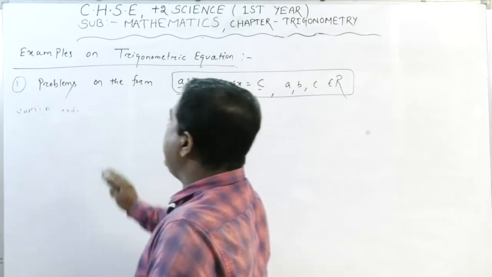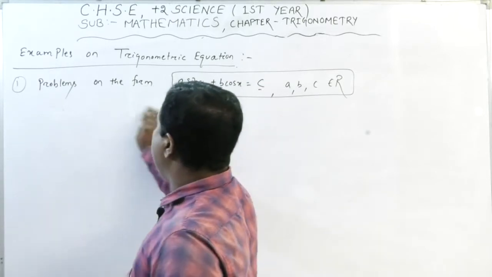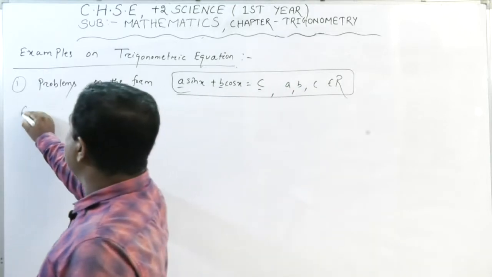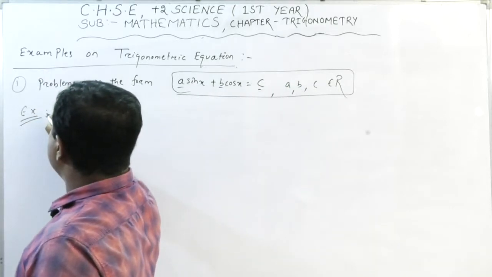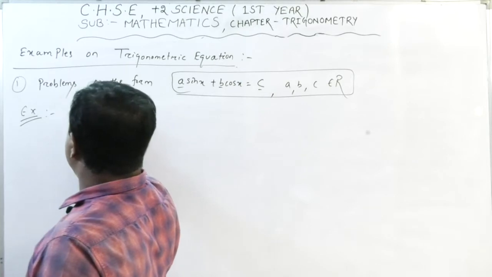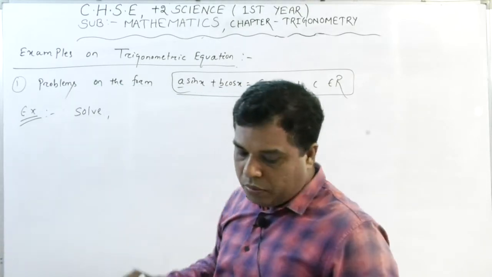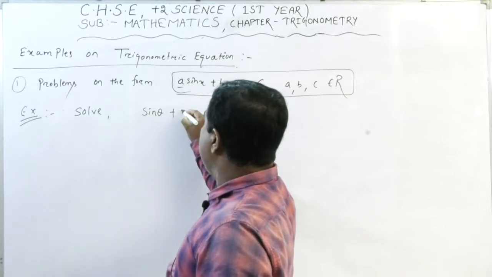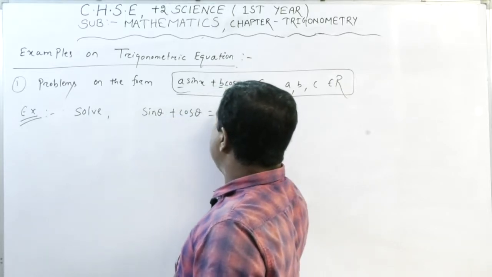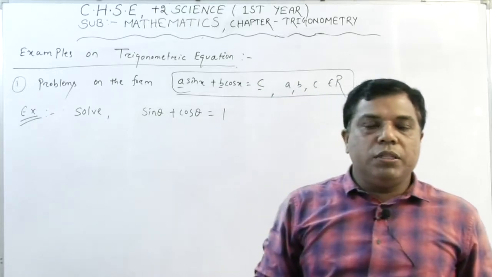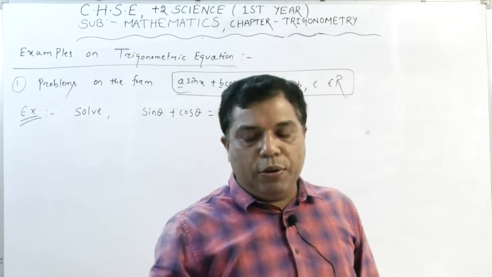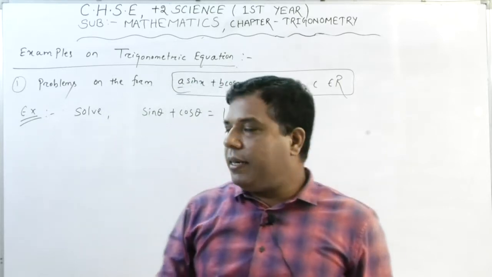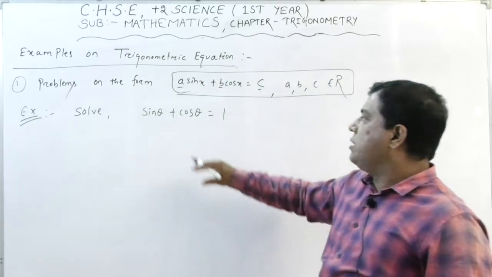So I am taking one example related to it. Solve sin theta plus cos theta equal to 1. Solve means we have to find the value of theta for which this holds good.